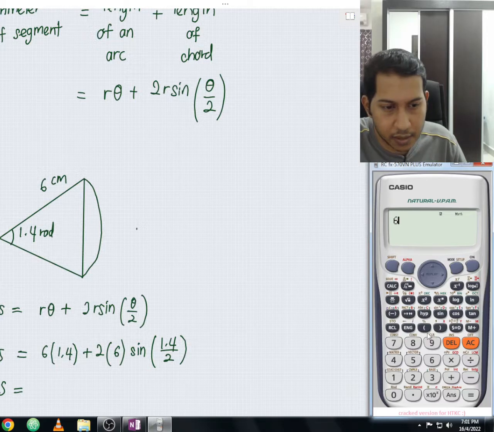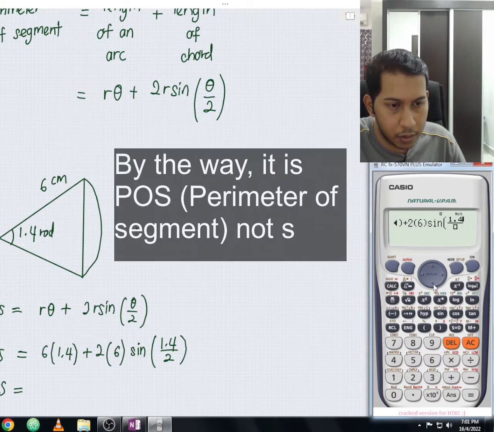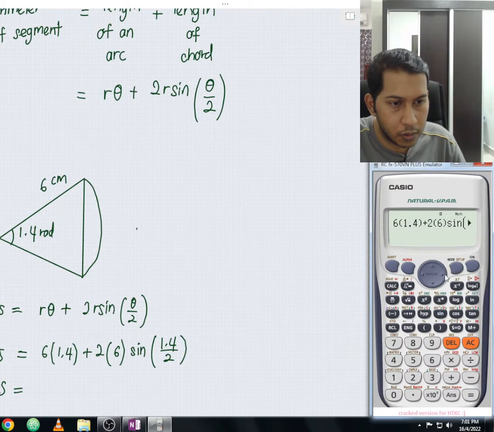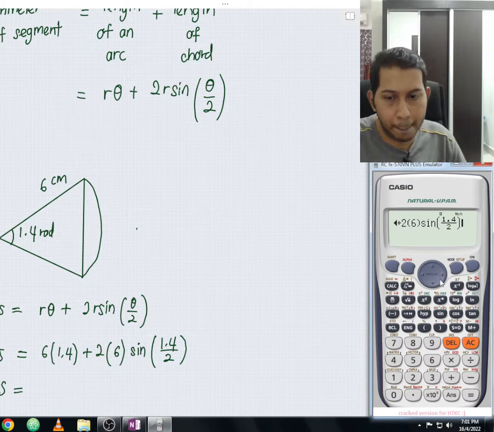So let us start our calculation. 6 times 1.4, plus 2 times 6 times sine of 1.4 divided by 2.